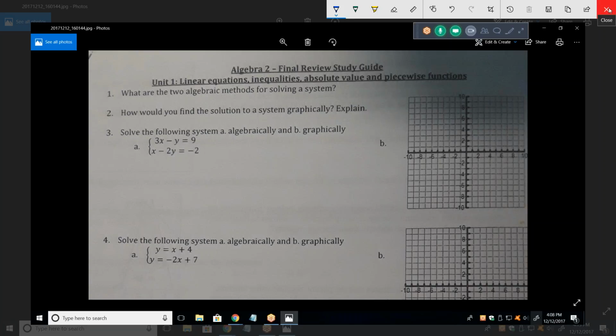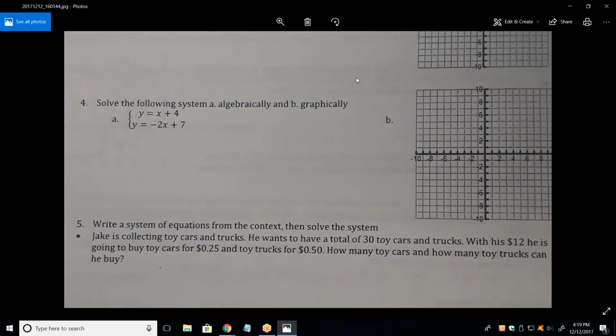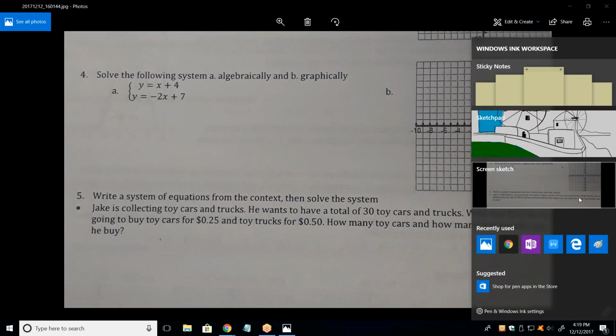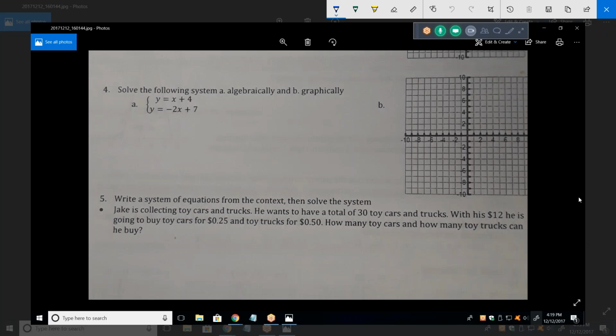Now, do this one. Algebraic first. Notice these are not in standard format. They are in the format where we're going to use substitution. The moment I see even one, both of them don't have to. One could be in standard format and the other could be solved for y, and I would use substitution.